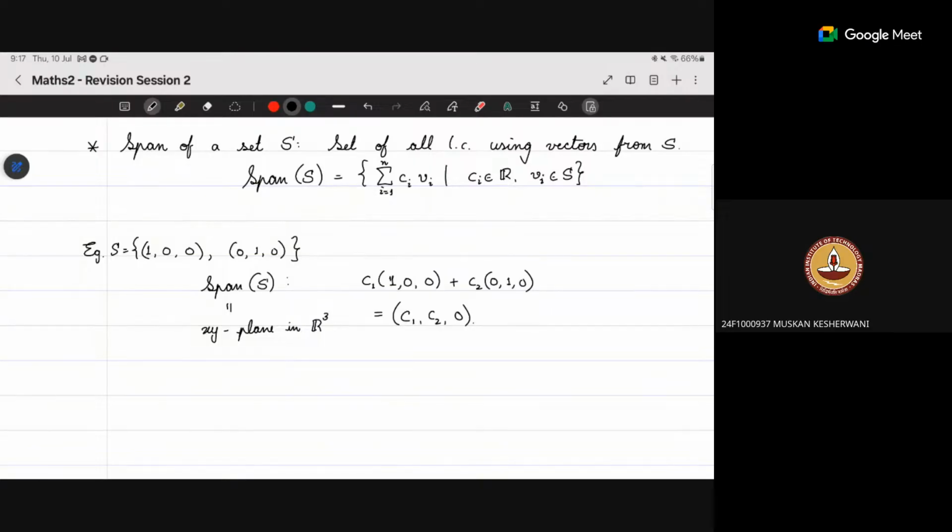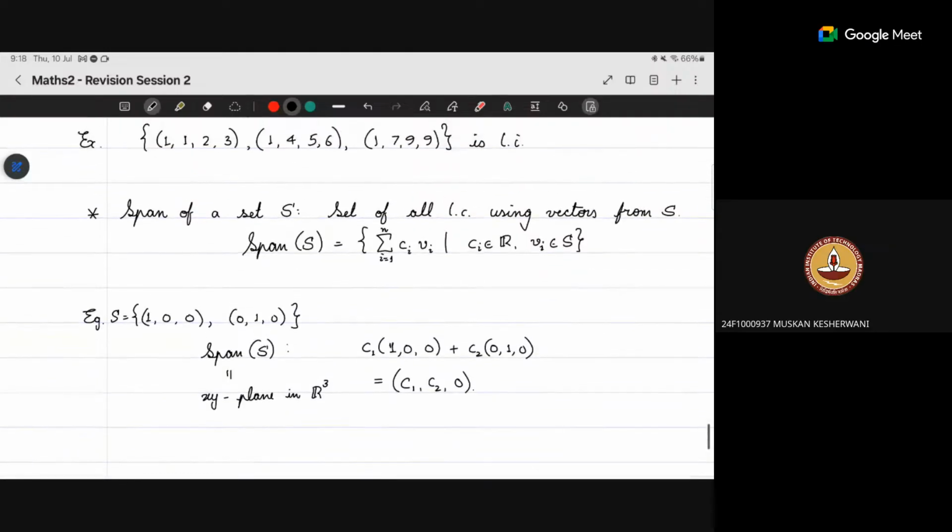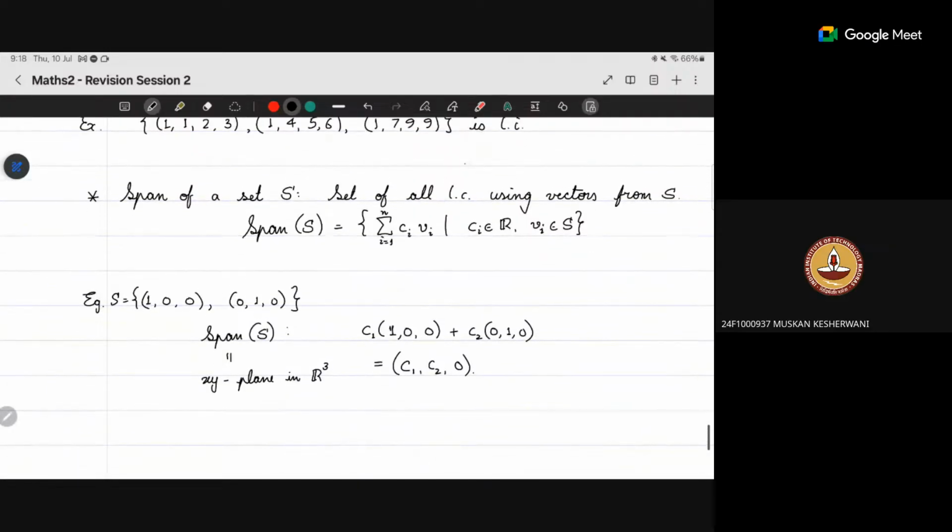It's supposed to be a subspace of your vector space, so it will consist of vectors only. The set of all linear combinations, meaning they are vectors.